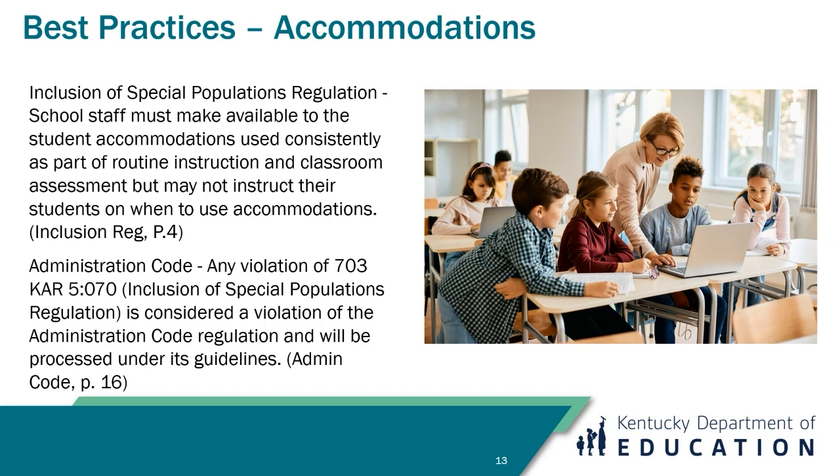Additionally, the Administration Code establishes that any violation of the regulation outlined in 703 KAR 5:070, which is the inclusion of special populations, will be considered a violation also of the Administration Code. Consequently, such violations will be processed according to the guidelines outlined in the code.